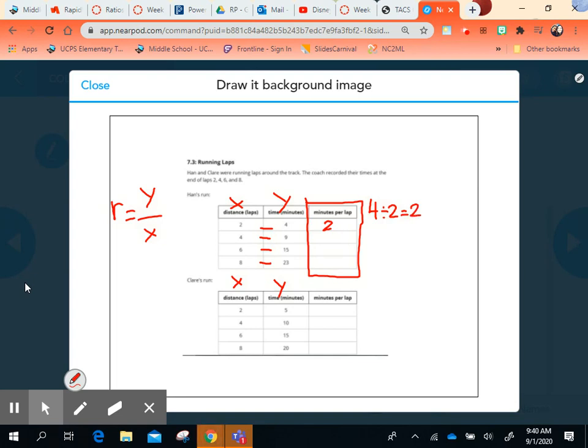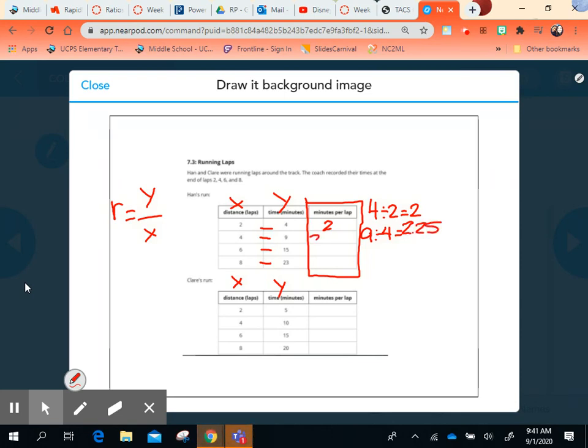Then I'm going to do the next one. 9 divided by 4. So what's 9 divided by 4? If you don't know it using mental math, use another strategy. What's 9 divided by 4? You said 25 or 5? 2.25.